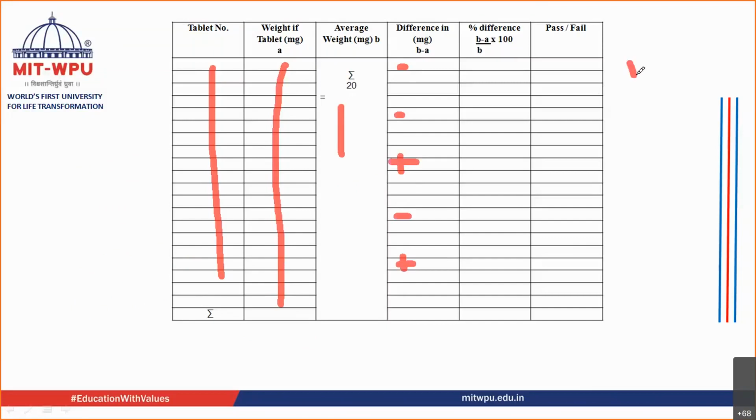Supposing 11:9 would be the ratio, or it may be 10:10, or 8:12. Because some have to be negative, some have to be positive, only then you are going to get this average weight.